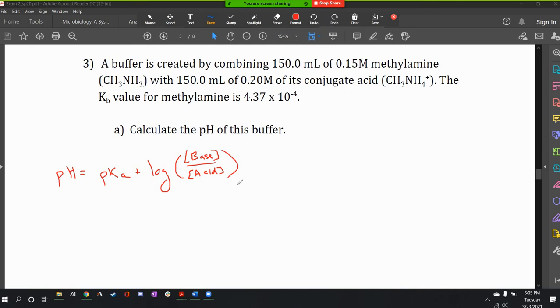All right. So we want to find the pH of this buffer. We have 0.15. Okay, cool. So we have a Kb value, so that's kind of a problem.